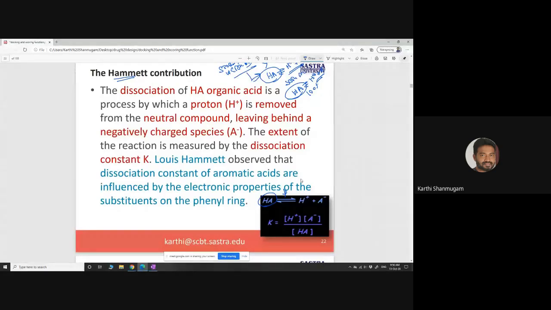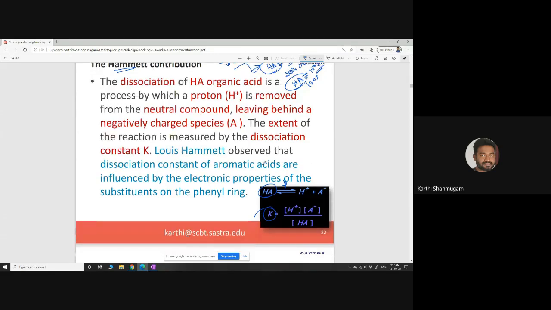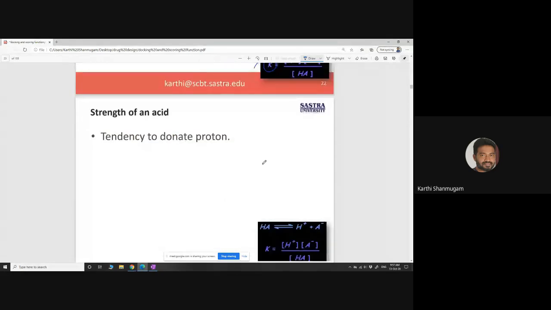For this reaction, we can write the dissociation constant K. This K is equal to the concentration of H+ ion times the concentration of A- ion over the concentration of HA. Using this expression, we can calculate the dissociation constant of any given acid.